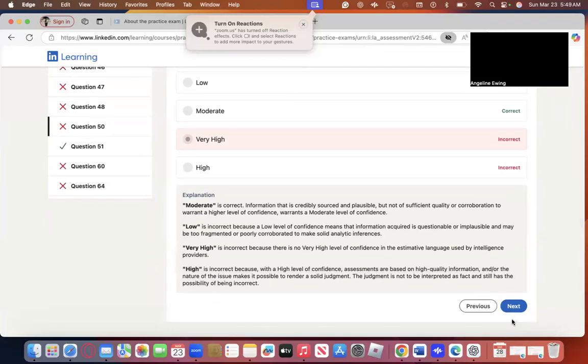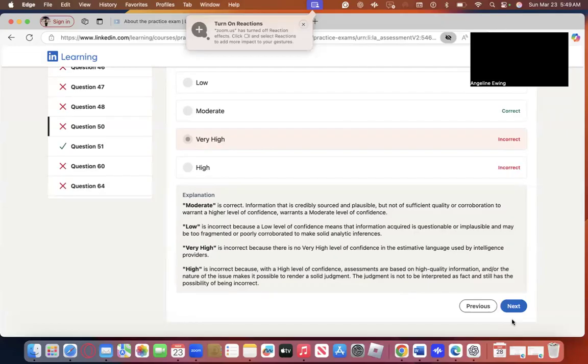Low is incorrect because a low level of confidence means that information acquired is questionable or implausible and may be too fragmented or poorly corroborated to make solid analytic inferences.